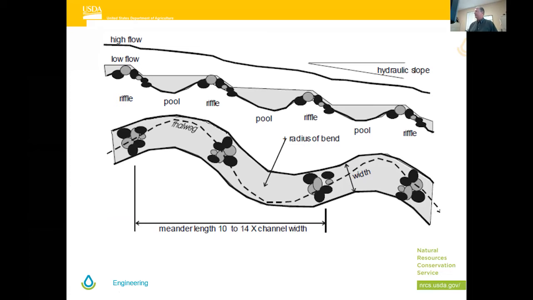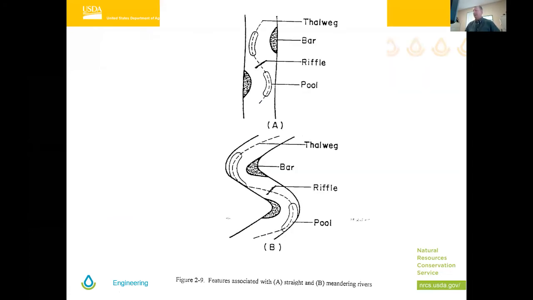So that's another sign that we look for when we're doing inventories. If I talk about the thalweg later, that's just the deepest part of the channel. So if I plotted a line that showed the deepest spot throughout a channel, that's the thalweg. And I'll talk about point bars a little bit. Riffles and pools we talked about already, so those are some of the natural features.